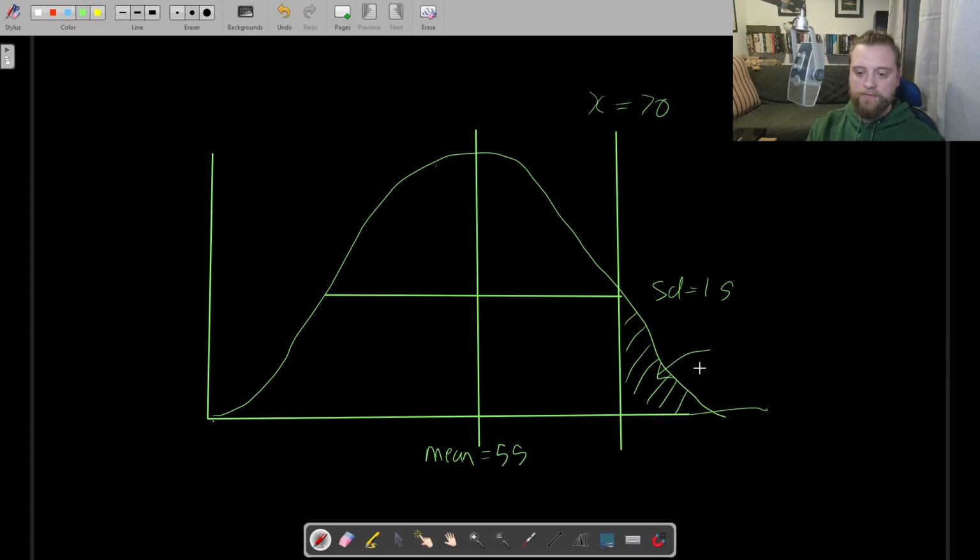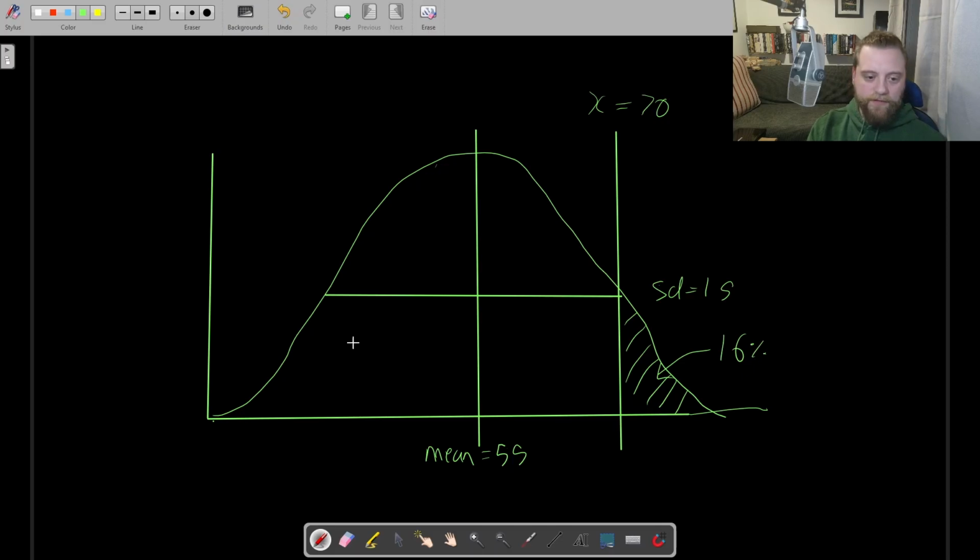So in other words, this is about 16% of our overall distribution. We could say 15.8, but let's summarize that as about 16%.